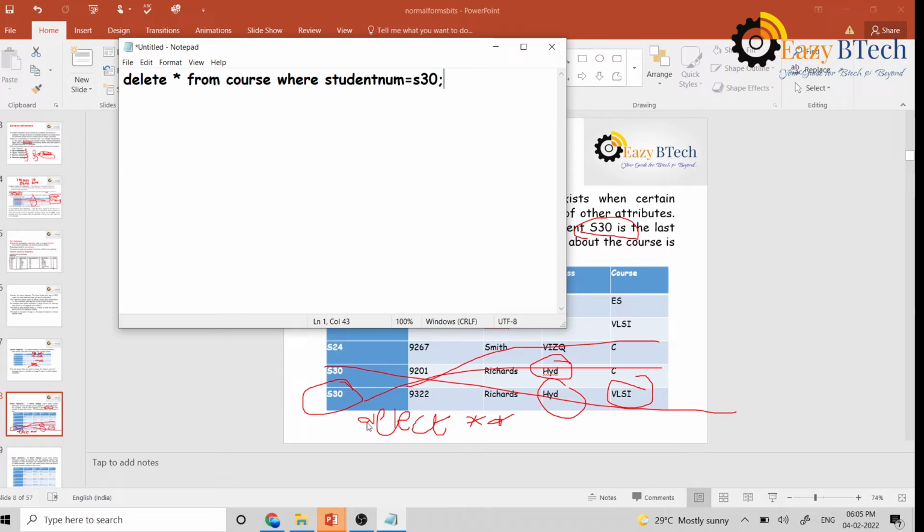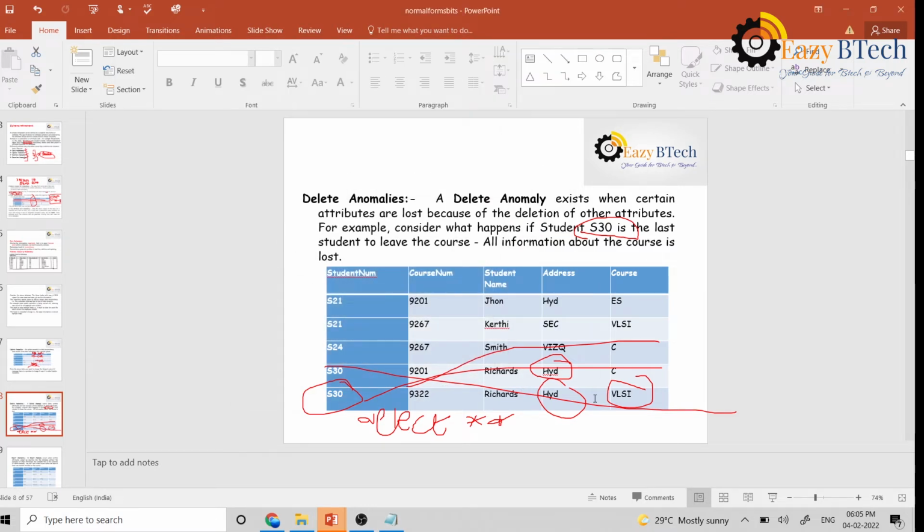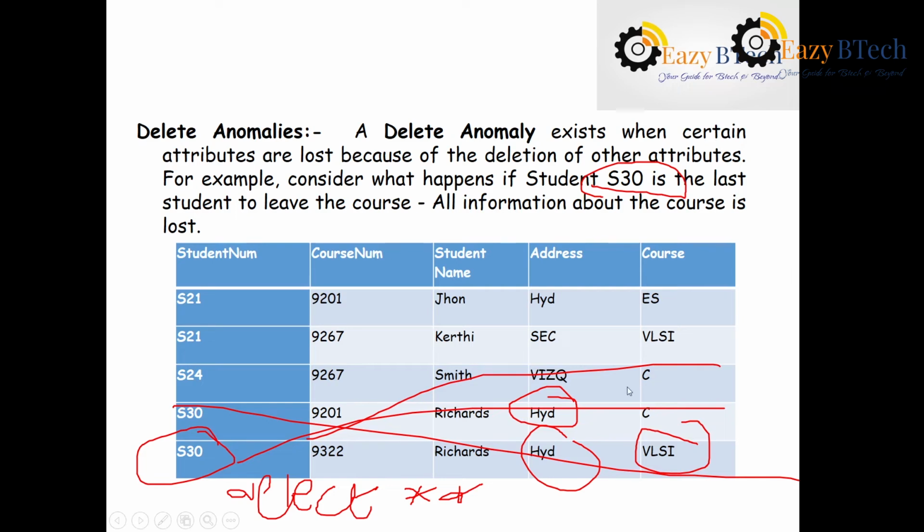removed from the database. But Riches only wanted to quit from the VLSI course. Okay, at the beginning of the college he registered for these add-on courses, just like right now you have NPTEL courses. Similarly, this particular university wants to register for any courses. That's why Riches wants to register for C language and VLSI.